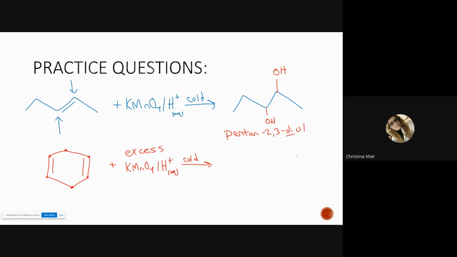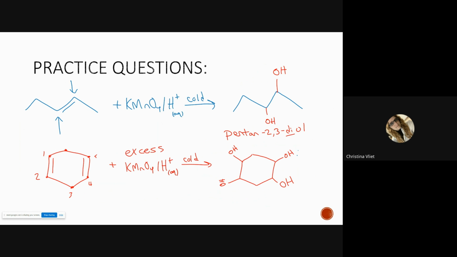I was confusing it with octane. Stick an OH here, stick an OH there, so it's at 1, 2, 4, 5. We're putting more than one OH. All right, there you go.